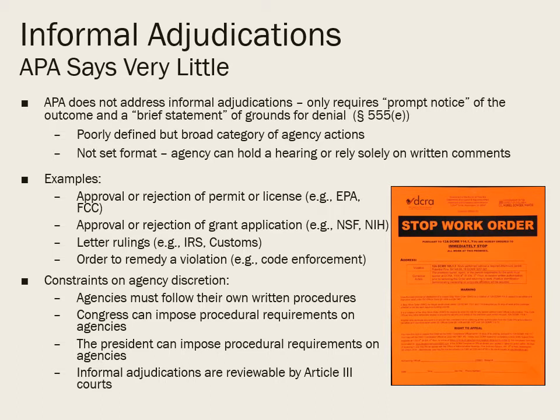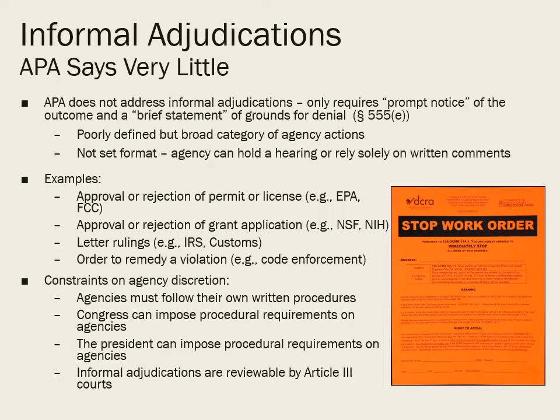The APA specifies procedures for both formal and informal rulemaking, but for adjudications, it only specifies the formal procedures. The APA really doesn't address informal adjudications, even though the majority of agency action turns out to be informal adjudications.